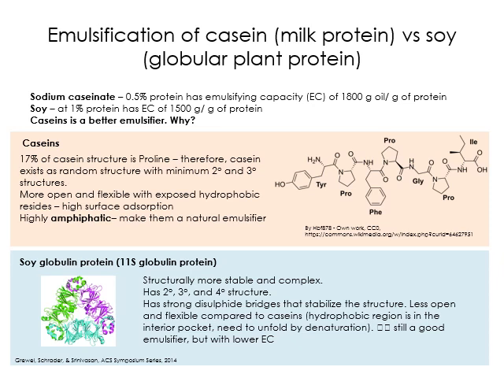So compared to casein, this soy globulin protein is less open and less flexible. So you need to denature the protein in order for it to be unraveled. Despite that, it's still considered a good emulsifier, but it just has lower emulsifying capacity compared to casein.